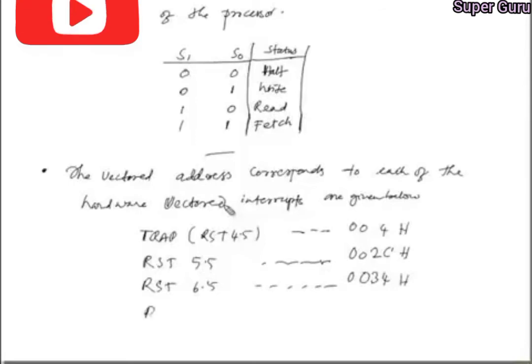Then RST 7.5, the address will be 003CH.